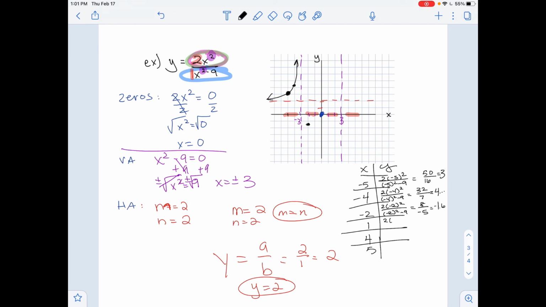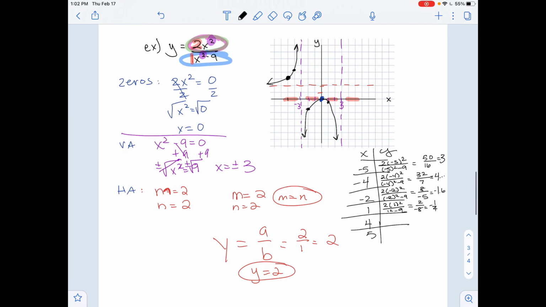Let's do the next one. 2 times 1 squared all over 1 squared minus 9. We get 2 over -8. That's -1/4. So at 1, we're going to go -0.25. So it kind of looks like this. So in this region here, we can see that it's going to follow those asymptotes and not cross them.